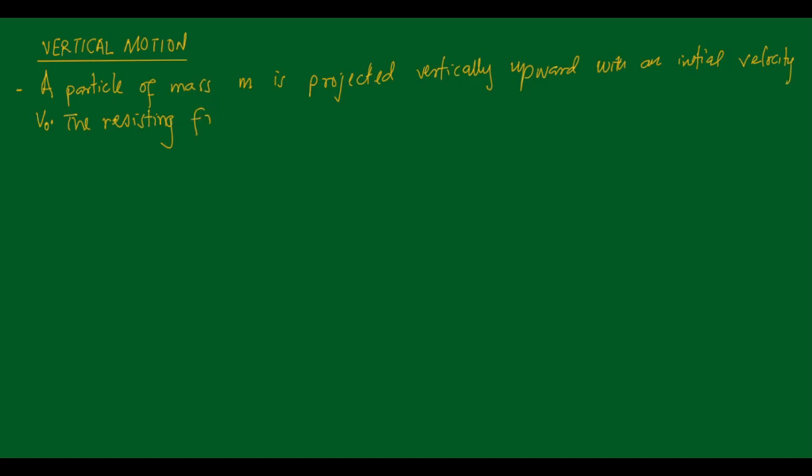The resisting force to its motion at any time is given as k multiplied by the velocity. We are asked to formulate the differential equation.